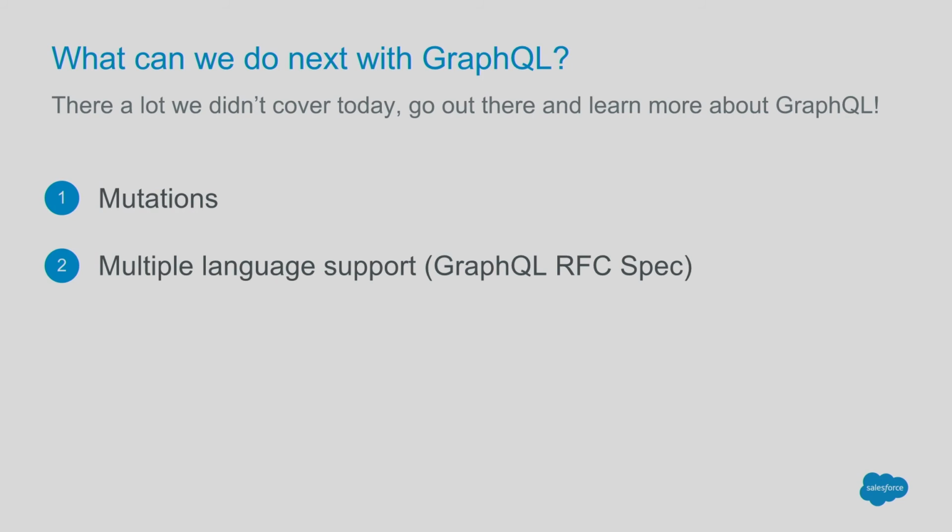A point that we didn't talk about now, but that is really important about GraphQL, is that GraphQL is defined by a specification. And this RFC specification that has been published by Facebook is describing in every way what GraphQL is, what it can do, how the syntax is working, and how the execution engine is working.